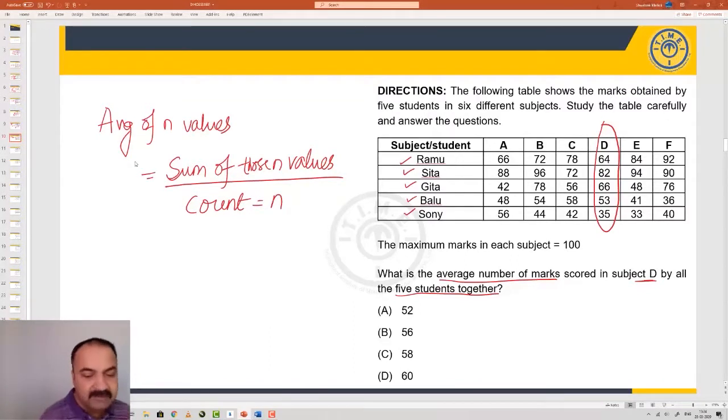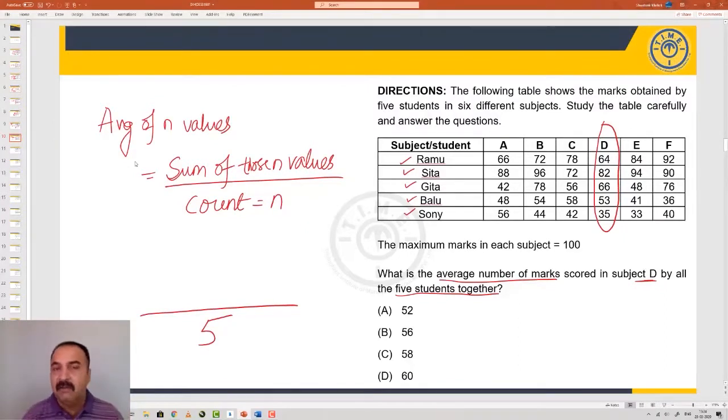So in this case, there are 5 students added, so we will divide by 5. And we want to find the average in a particular subject? Yes, only in D. So we'll add up the 5 values that these people have scored in D.